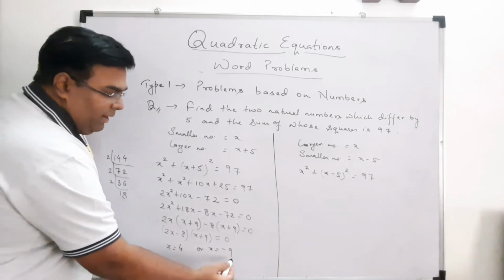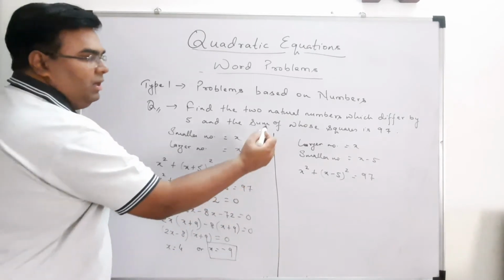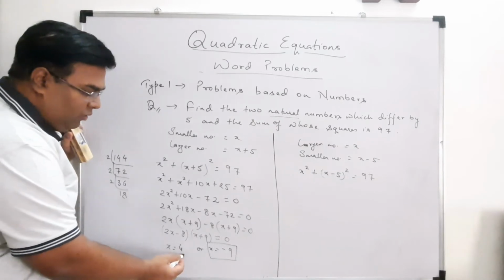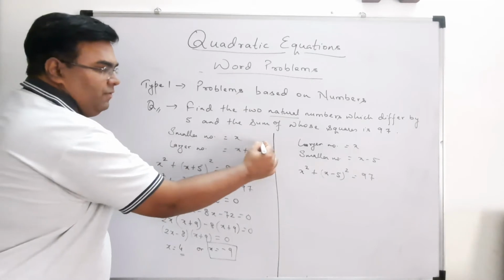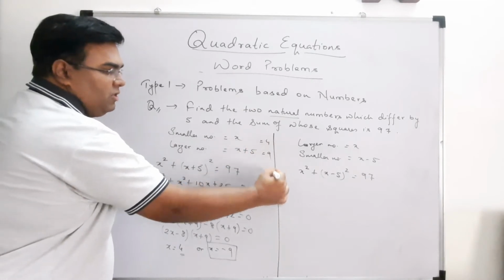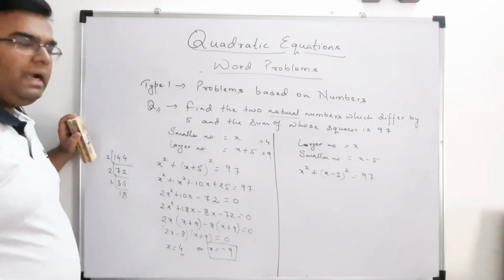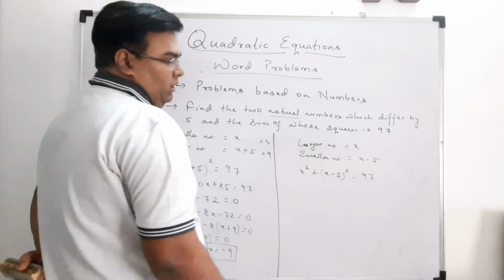Now x is equal to minus 9 is not possible, because we are trying to find natural numbers. So x is equal to 4 is my answer. When the smaller number is 4, my larger number is 9. So I have got 4 and 9. Let's see whether I get the same answer using the other way.